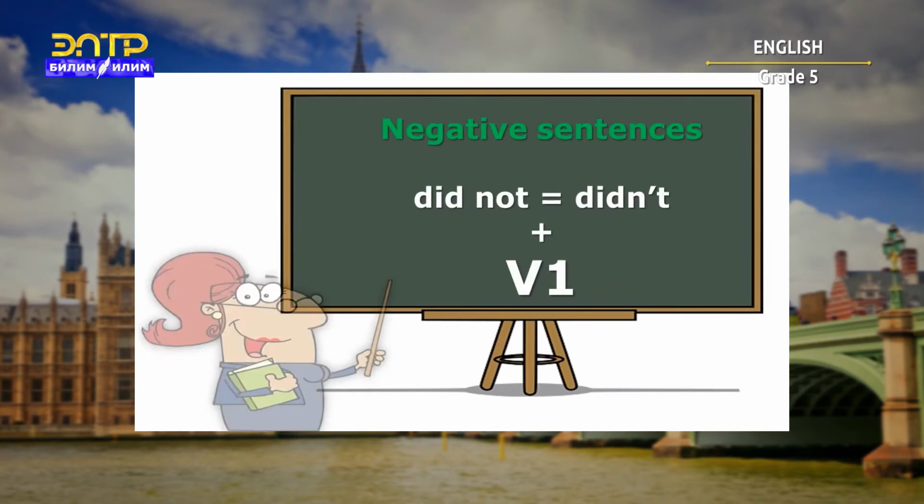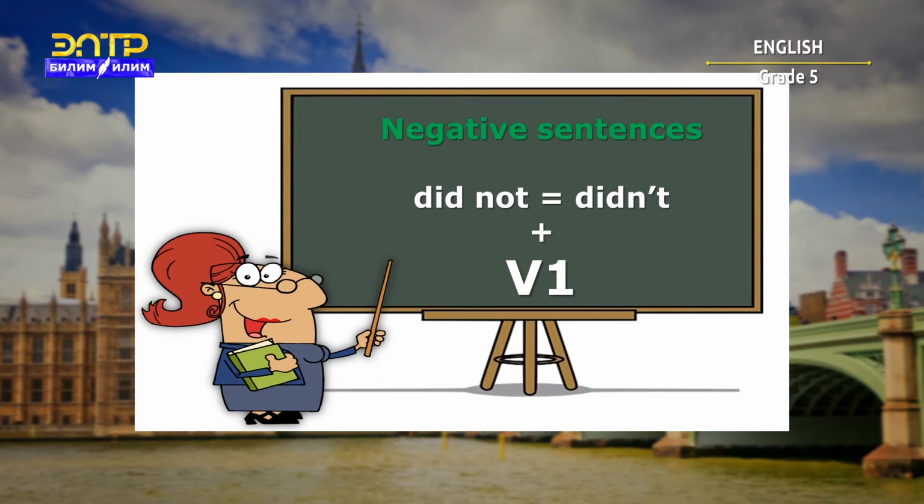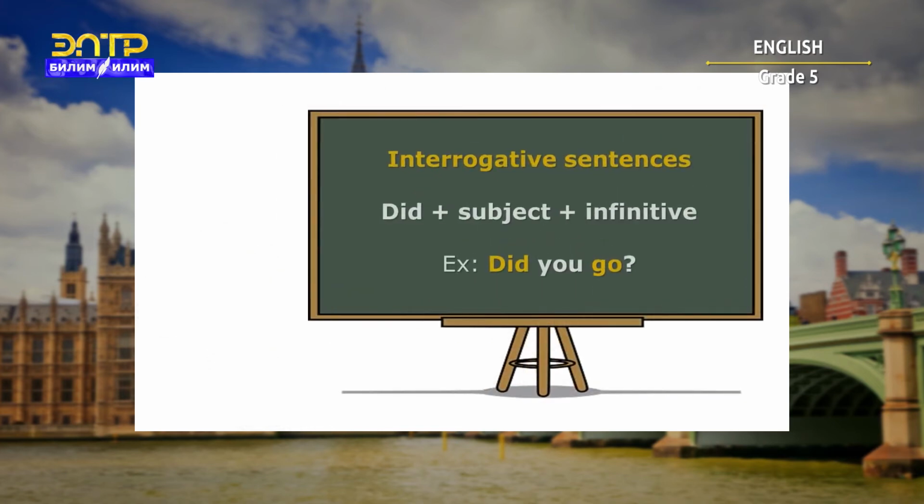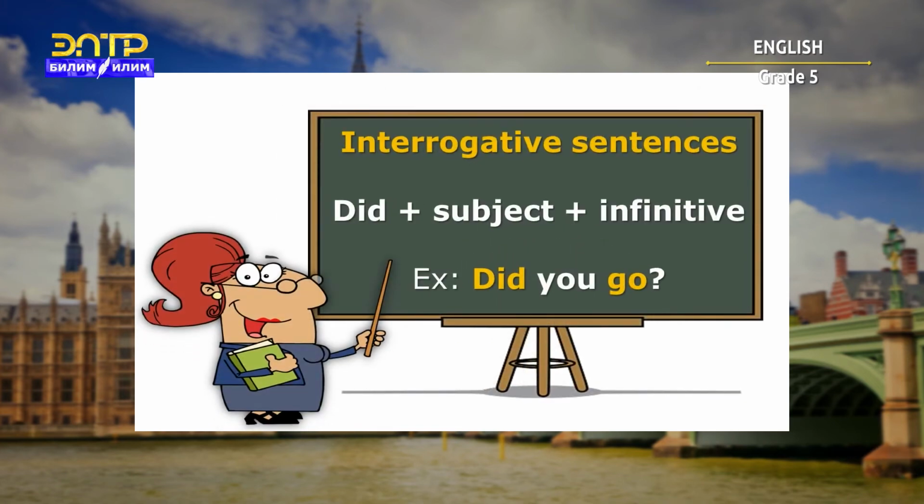And again, didn't is a short form for the words did not. But in conversation, we would just say didn't. So, I didn't go. Great. And what about questions? In questions, again, we need that helping verb did, as in the negative.